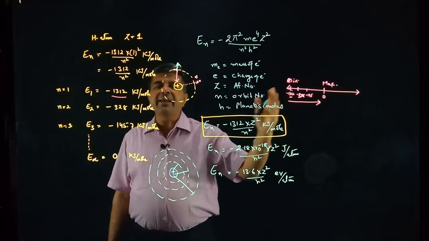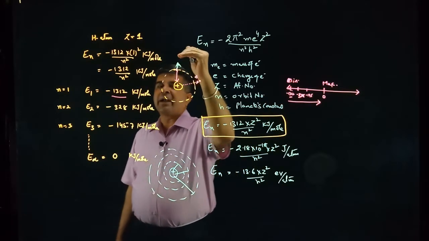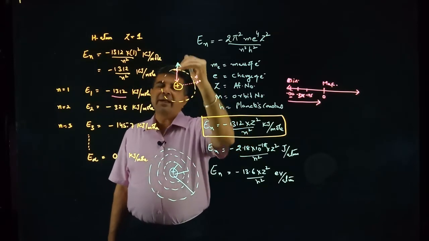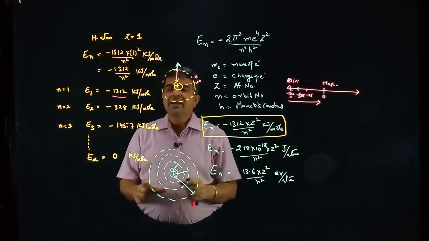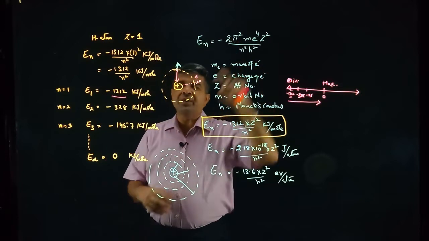So the negative sign is indicating the retarding force or the opposite pull to counterbalance the inward attraction by the nucleus. So these are the two things which are important for this equation.